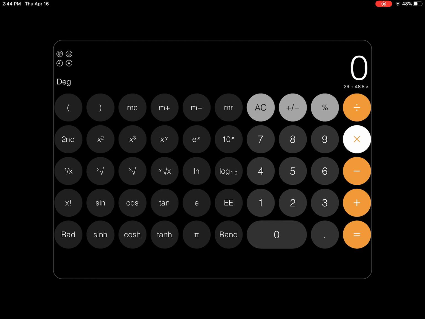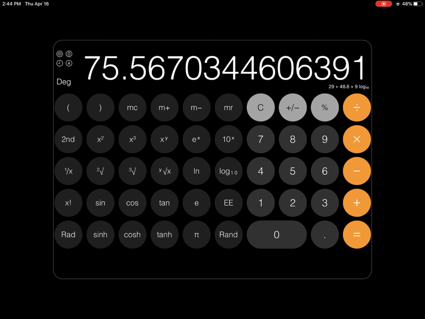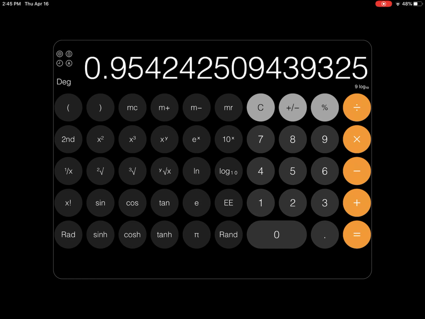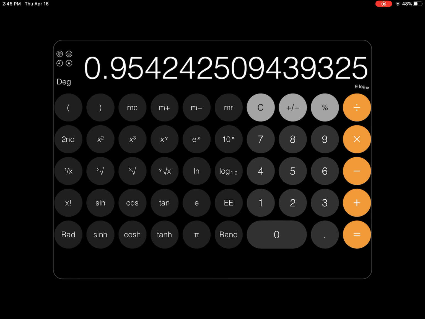This is not your normal scientific calculator, so we're going to have to do the log first. So this is why you have to figure out what kind of calculator you're using. So you're going to do 9 log.